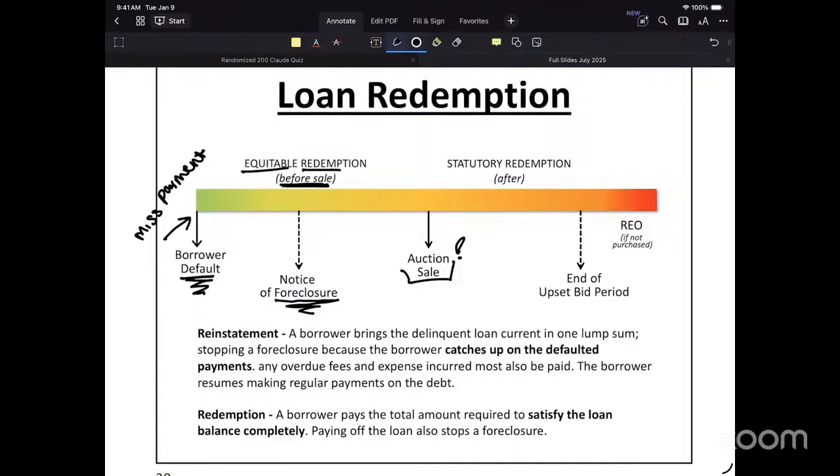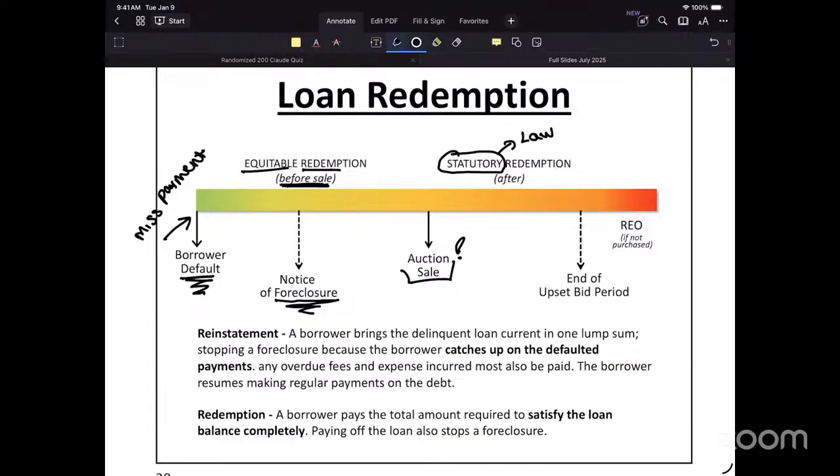Now, in some states there is a statutory law that says even after the auction sale, the borrower who defaulted has the ability to still make things right and stop this process for a certain amount of time.